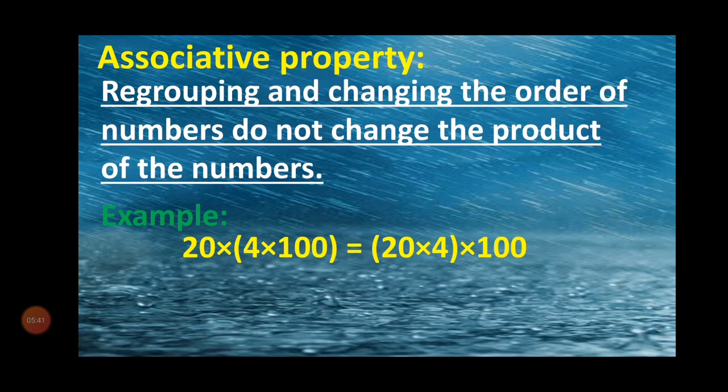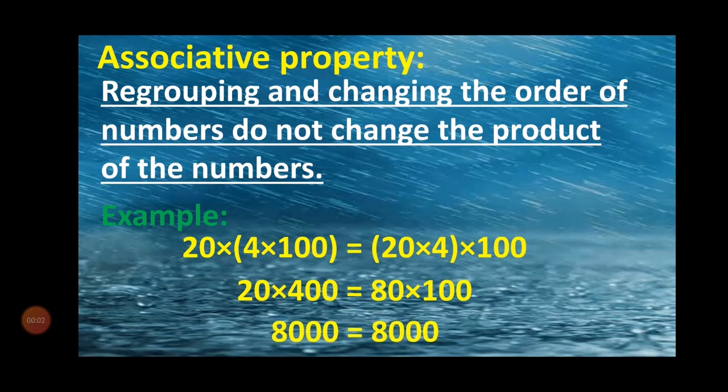So 20 into the bracket, 4 into 100, how much? 400. 20 into 400 is equal to 80 into 100, since 20 into 4 is 80. So what do you get finally? 8000. 8000 is equal to 8000. If we change the grouping of the numbers, it does not affect the product.